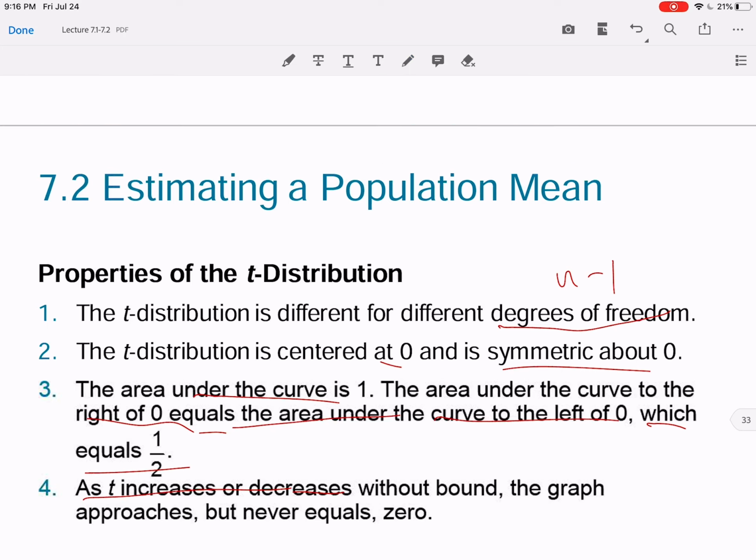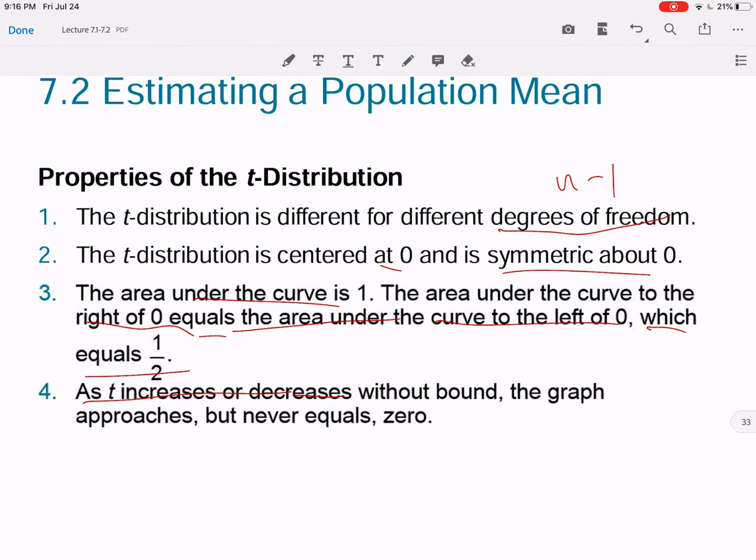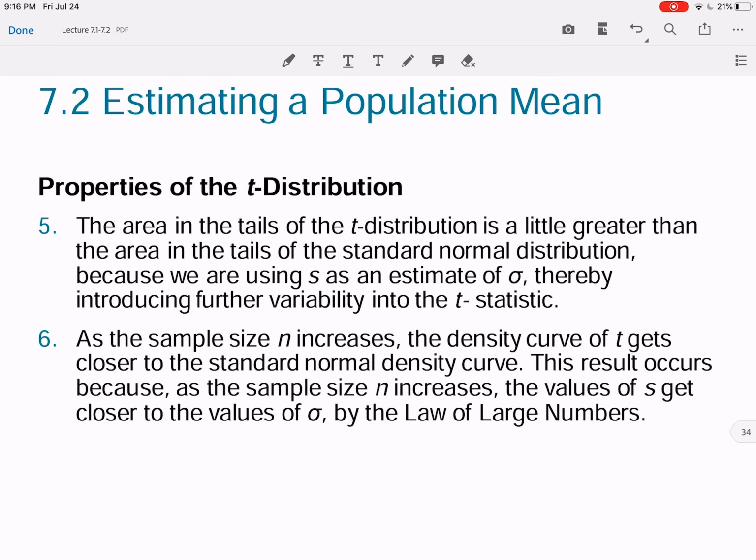Based on the graph we have here, which is not very accurate, it's something like this. But anyway, it should be approaching 0 infinitely, but will never touch. Let's take a look at number 5.